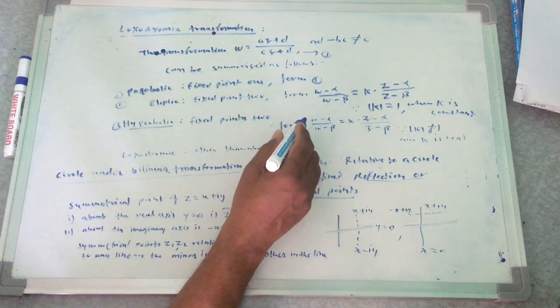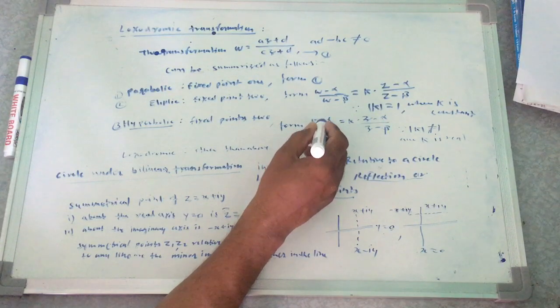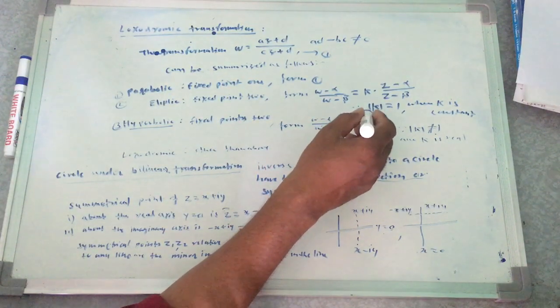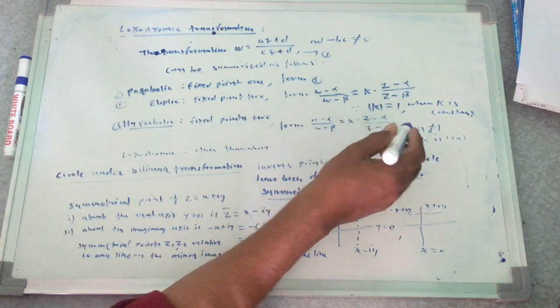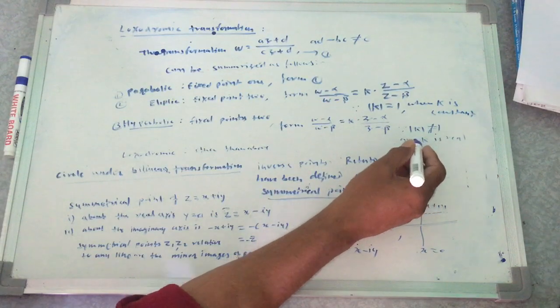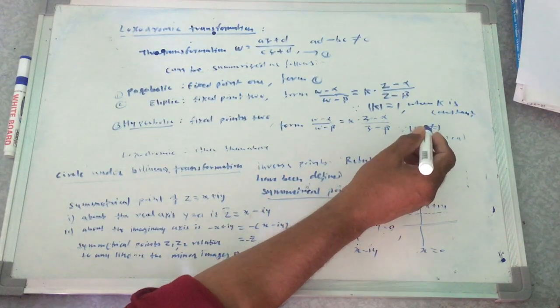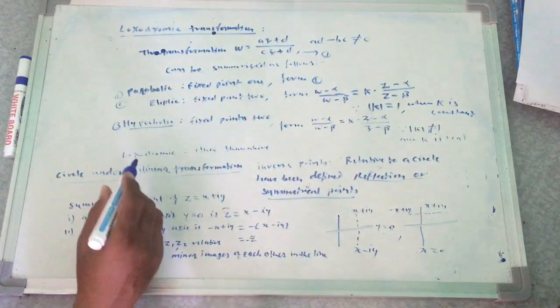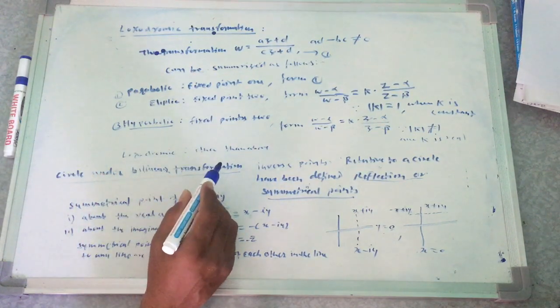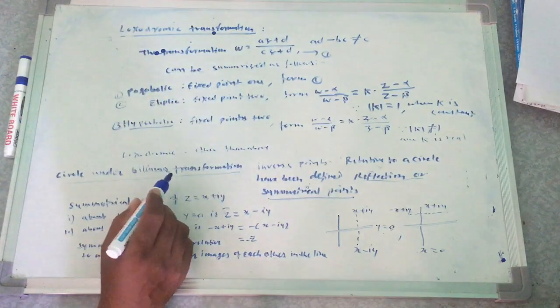The form is (W minus alpha) upon (W minus beta) is equal to K into (Z minus alpha) upon (Z minus beta), where mod of K does not equal 1, and K is real. So loxodromic is other than the above.